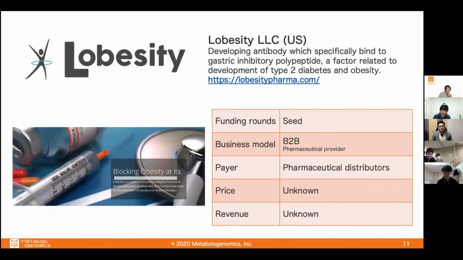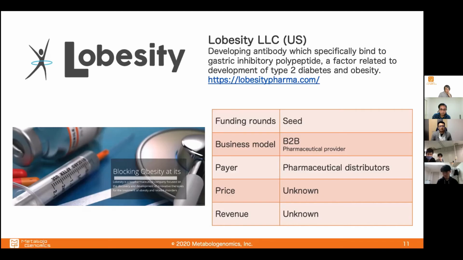And another direct way to approach obesity is using a drug. This company, Lobesti, also a company from the United States, is developing a monoclonal antibody drug against a protein called gastric inhibitory polypeptide.